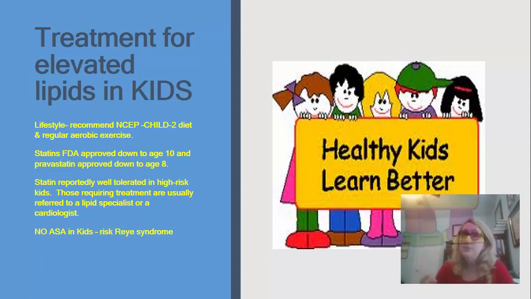Now, I forgot to mention this earlier, but you would generally give aspirin in an adult who is requiring a statin for cardiac prophylaxis. So you would give 81 milligrams, unless there's some major contraindication.